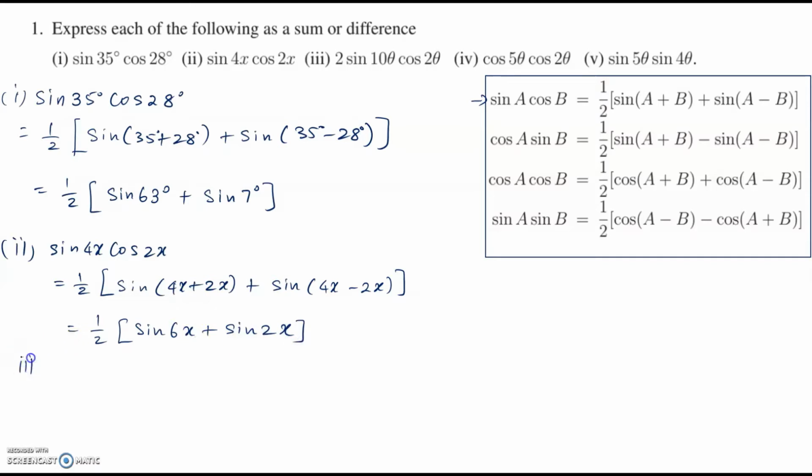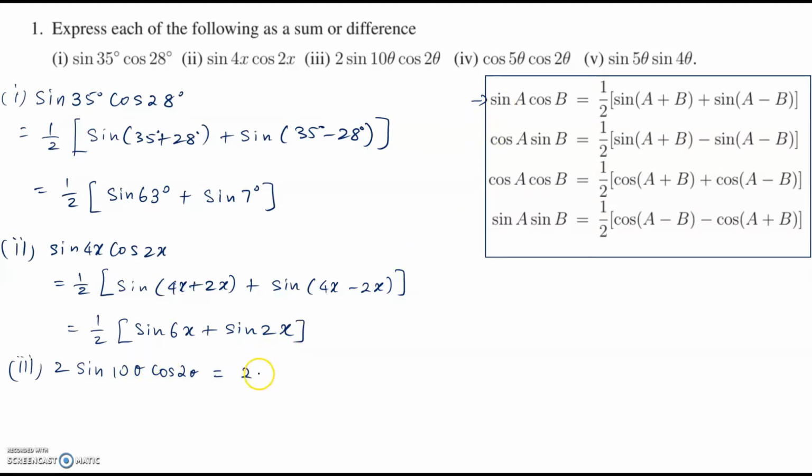Question number 3. 2 sine 10 theta cos 2 theta will be equal to 2 times, again we will use the same formula.